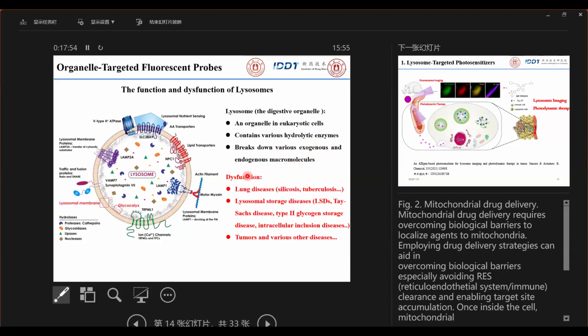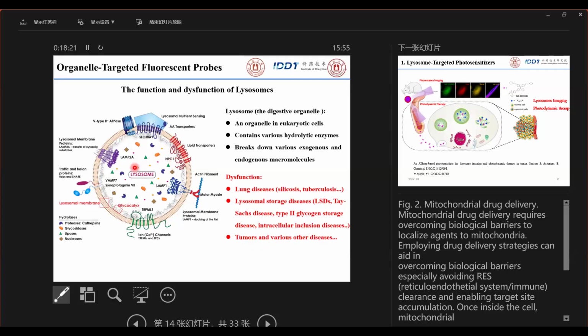When it has dysfunction, some diseases come to us. For example, lung diseases, lysosomal storage diseases, also called LSDs, such as type 2 glycogen storage, and also tumors and various other diseases like inflammation. The lysosome has a very typical environment.